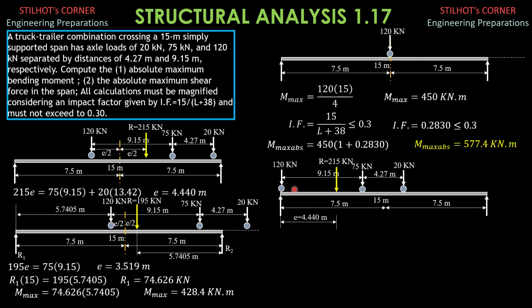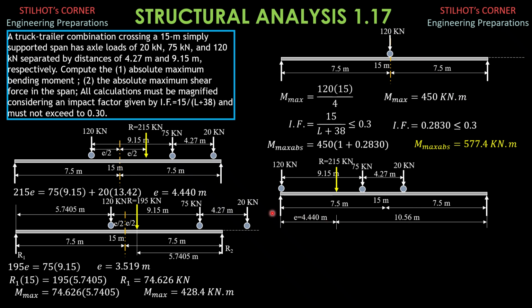So the distance of the 215 kilonewton load from the left is 4.44 meters. The distance of the resultant 215 kilonewton load from the right is 15 minus 4.440, and that is 10.56 meters.